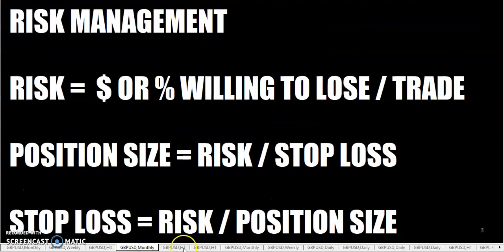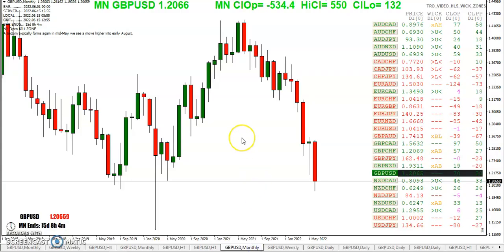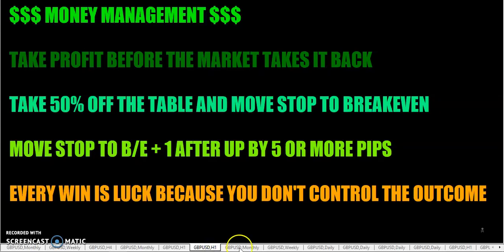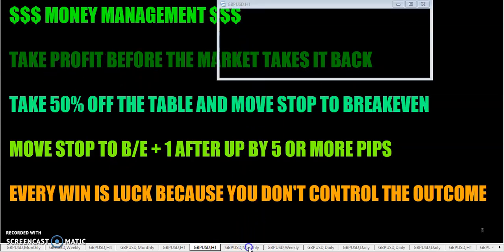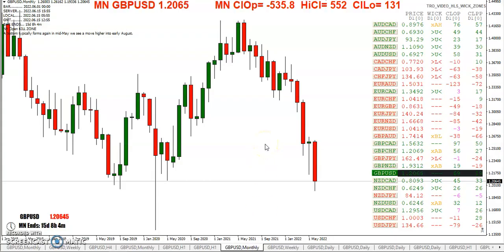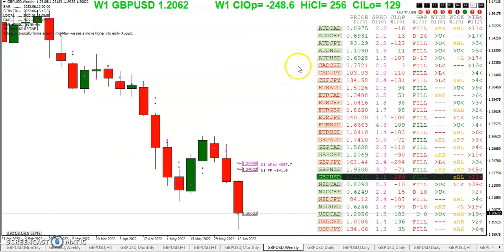And let's see, we haven't gone through the charts much this week. Okay, money management. As I was saying, you have to take the profit before the market takes it back. On the monthly, you can see we are 537 pips below monthly open. On the weekly, 248.